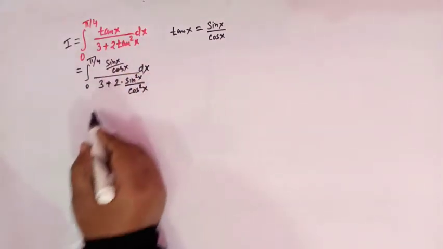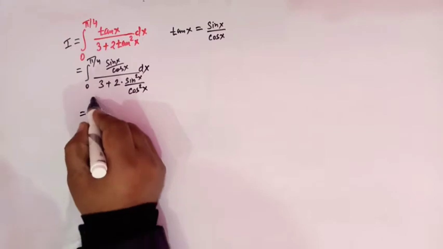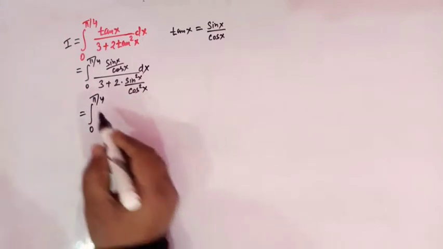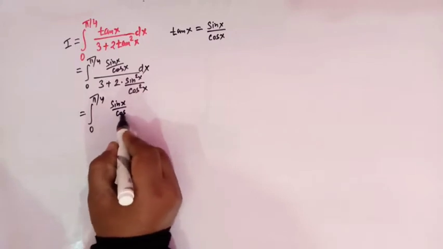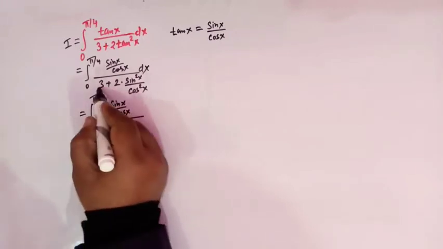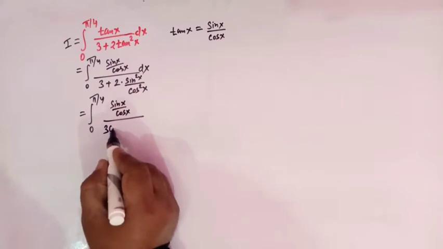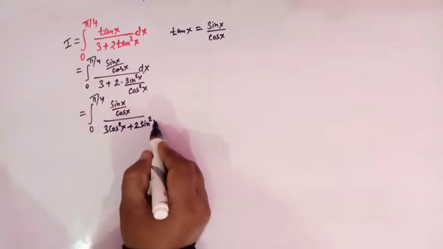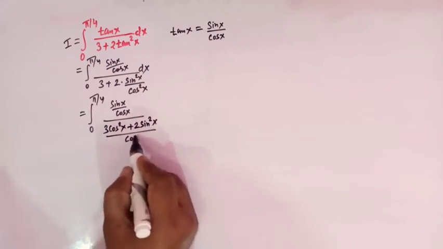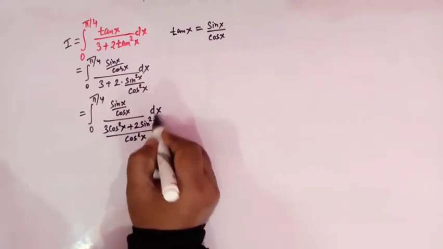Now we can simplify this expression, and we'll have sin x over cos x, and here we'll take the LCM. So here we have 3 cos square x plus 2 sin square x divided by cos square x, right?